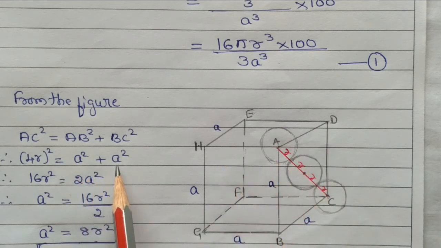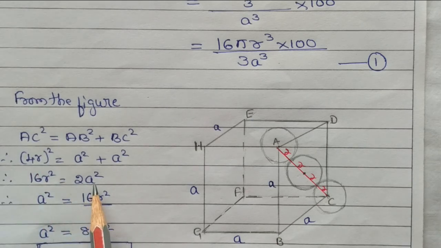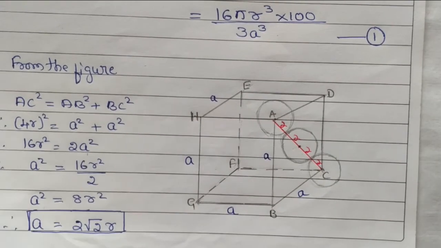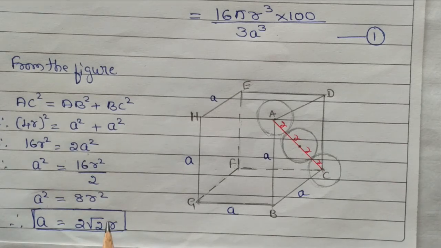So a square plus a square: 16r square equals 2a square. Therefore a square equals 16r square divided by 2, which is 8r square. So a equals 2 root 2 into r. See, this r should be outside the square root. The square root of 8 is 2 root 2.